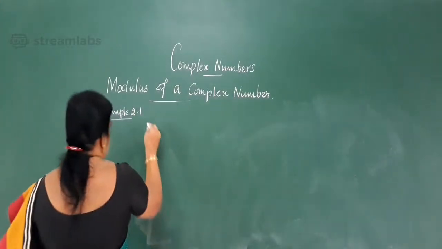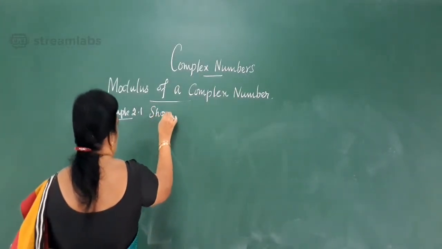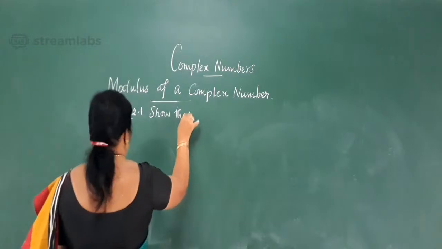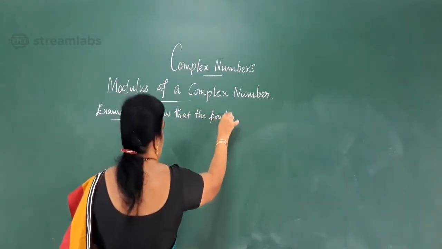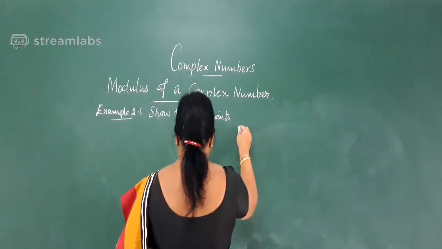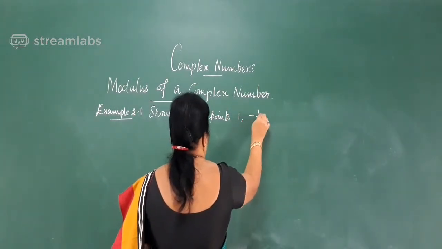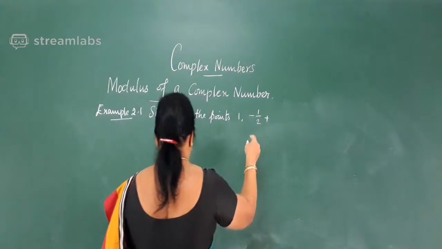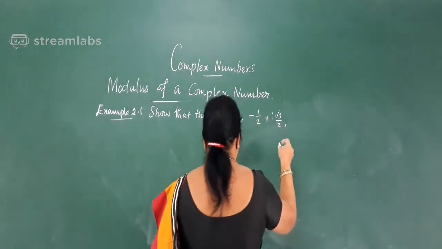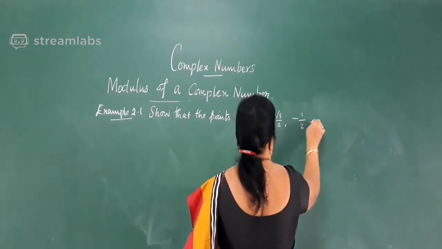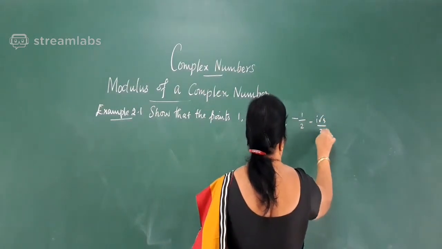Here they have given 3 vertices of a triangle. Show that the points 1, minus 1 by 2 plus i root 3 by 2, and minus 1 by 2 minus i root 3 by 2 make an equilateral triangle.